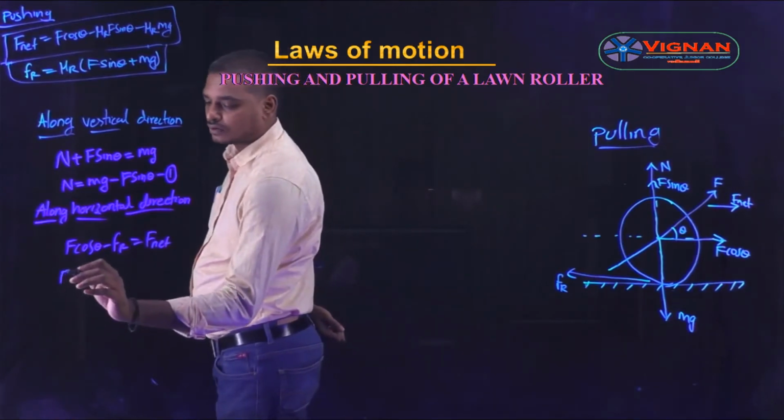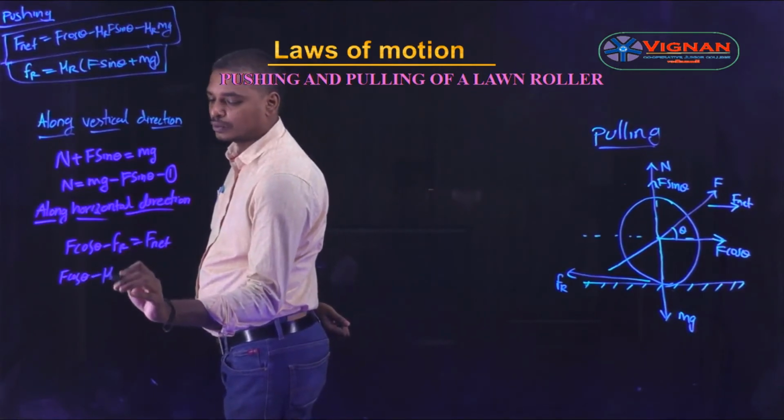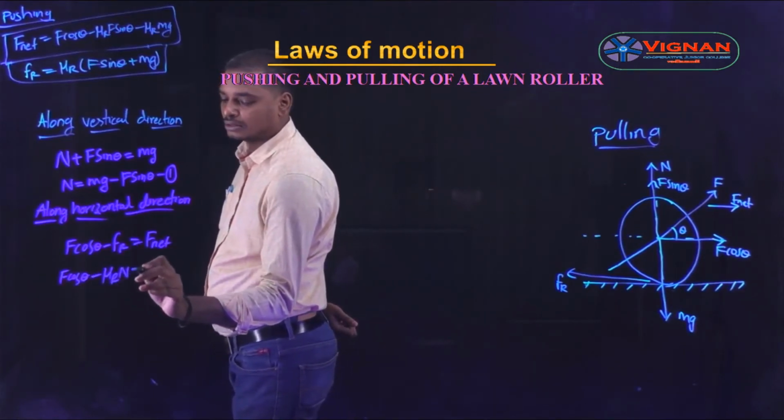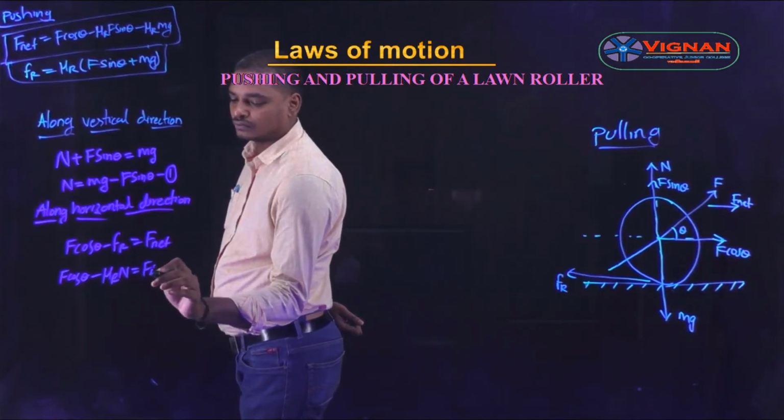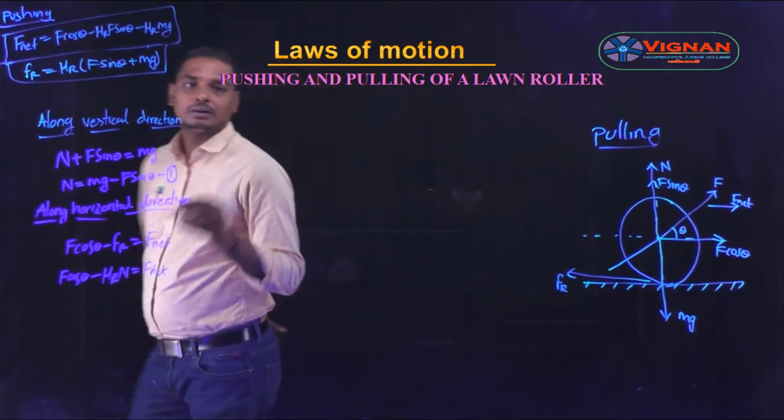Fr is nothing but mu r into N, and that equals the net force F. So let us substitute the value of the normal reaction here.